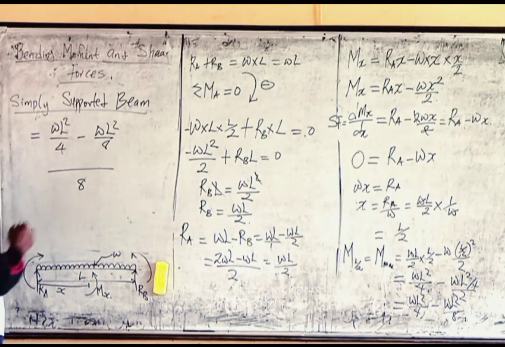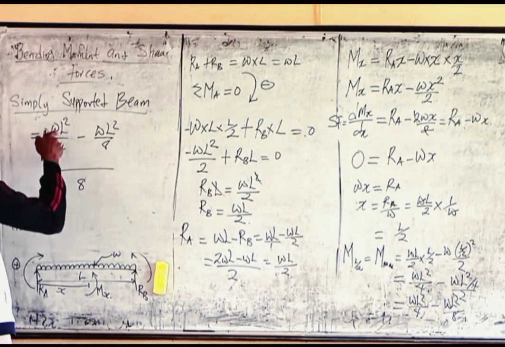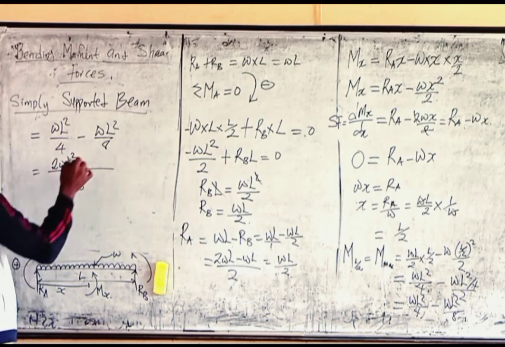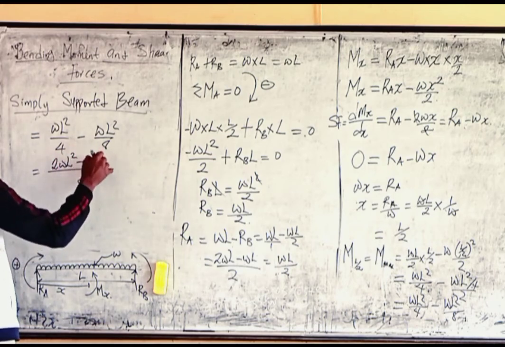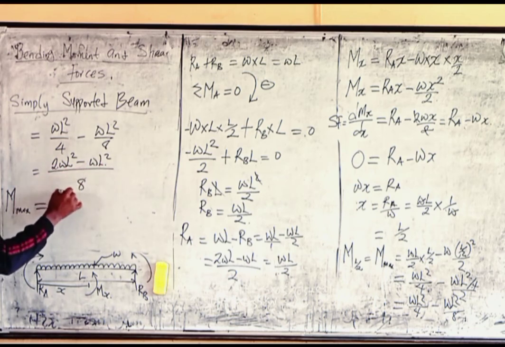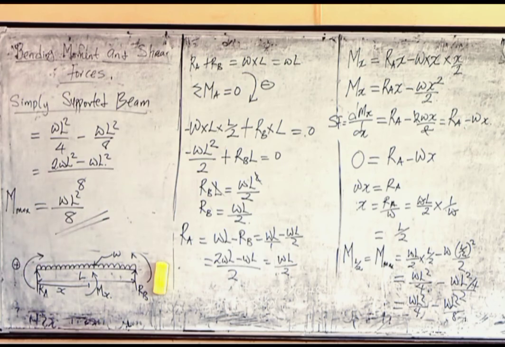We have 8 already. 8 divided by 4 is 2, 2 times this is 2wL squared, minus wL squared. So our M maximum will be 2 of this minus 1 of it, which gives us wL squared over 8. Remember this, we show that the maximum moment is wL squared over 8.